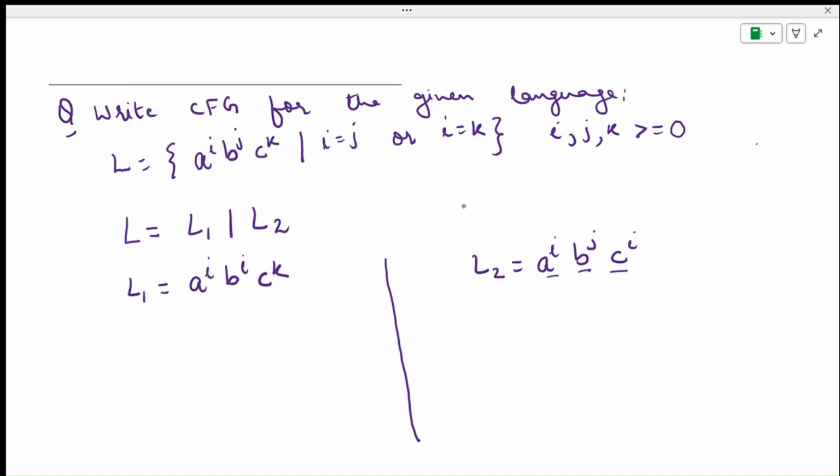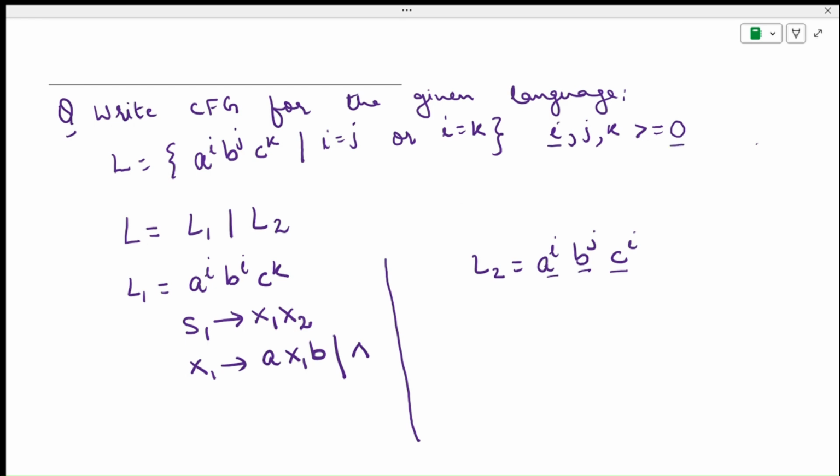I will write the start symbol S1 has production rule X1 X2, where X1 is nothing else but it will make a balance between a and b: a X1 b, or null. Why null? Because we can clearly see that this i is greater than or equal to 0.